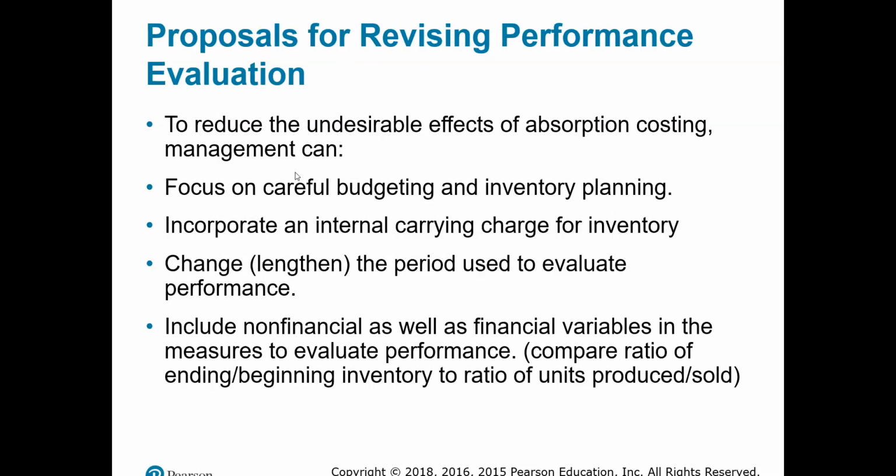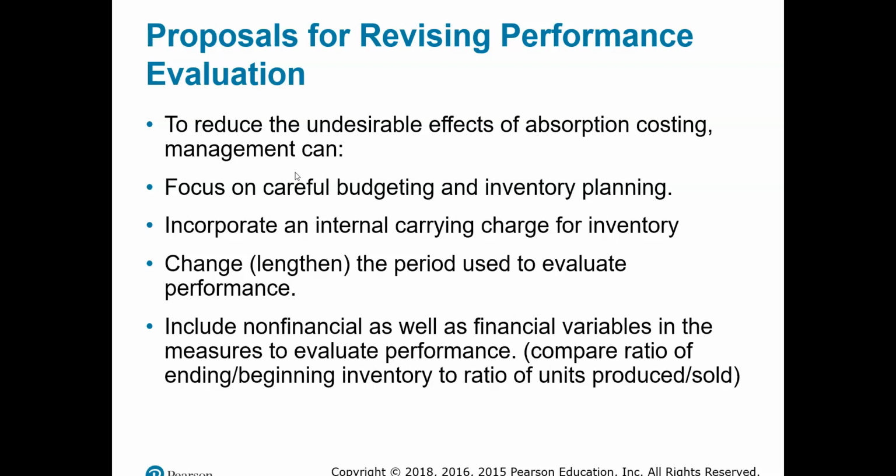So what can we do to reduce the undesirable effects of absorption costing for performance evaluation, so that a manager or a shift supervisor can't just produce to have a higher bonus if it's tied to absorption operating income? Well, we can carefully budget and plan inventory.